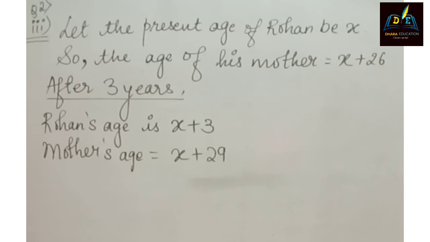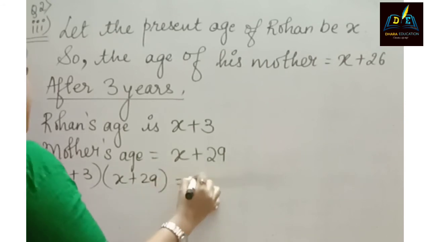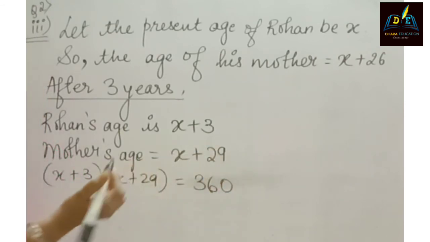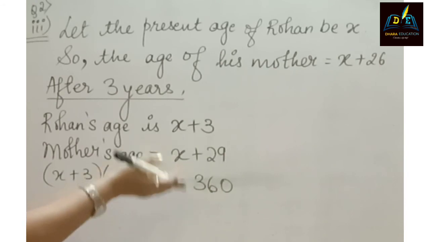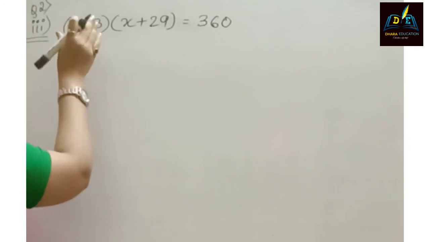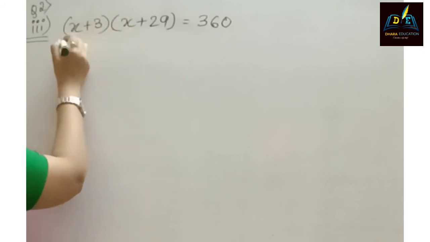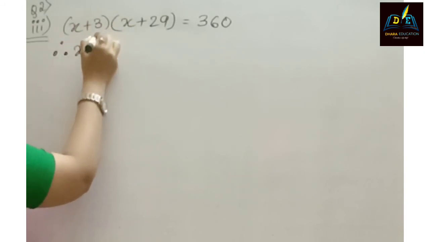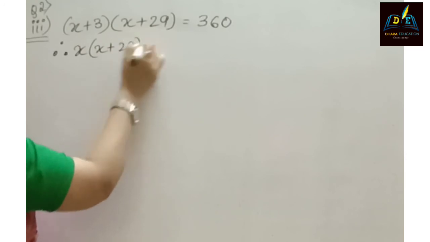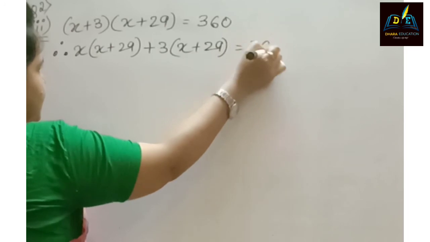So after this, as per the given situation, we will write x plus 3 times x plus 29 is equal to 360, as it is already given. Now as I do not have enough space here, I will rub it. So now by breaking the brackets, we are going to multiply. x times x plus 29 plus 3 times x plus 29 is equal to 360.